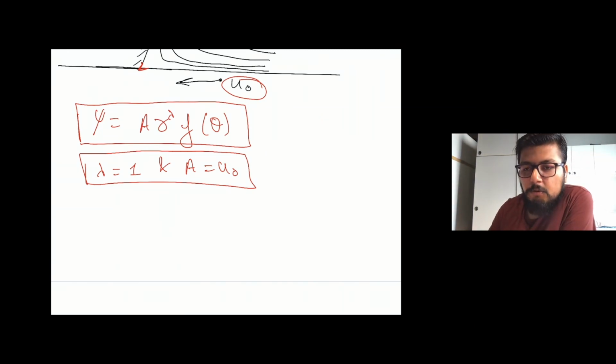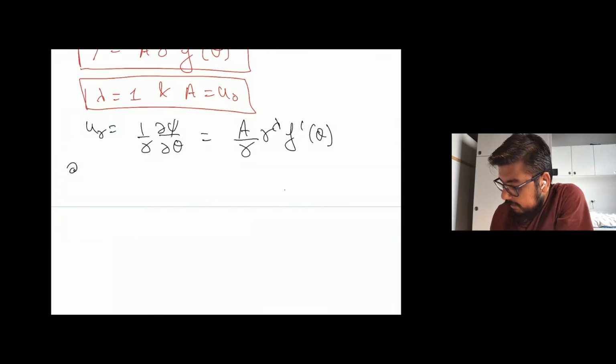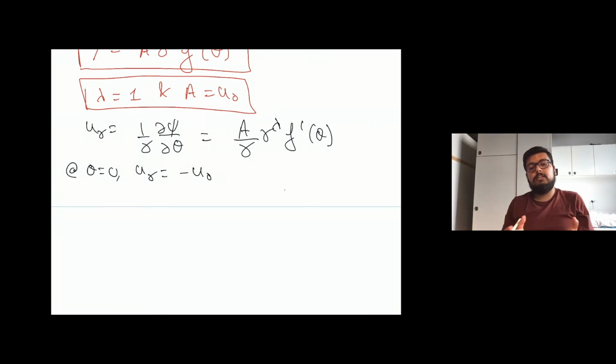Alternatively, if we go in a more formal way, we can also derive the same result. So u_r is 1 by r del psi by del theta, which will be A times r to the power lambda minus 1, f prime of theta. Now at theta equal to 0, this u_r should be equal to minus u naught, irrespective of the value of r.